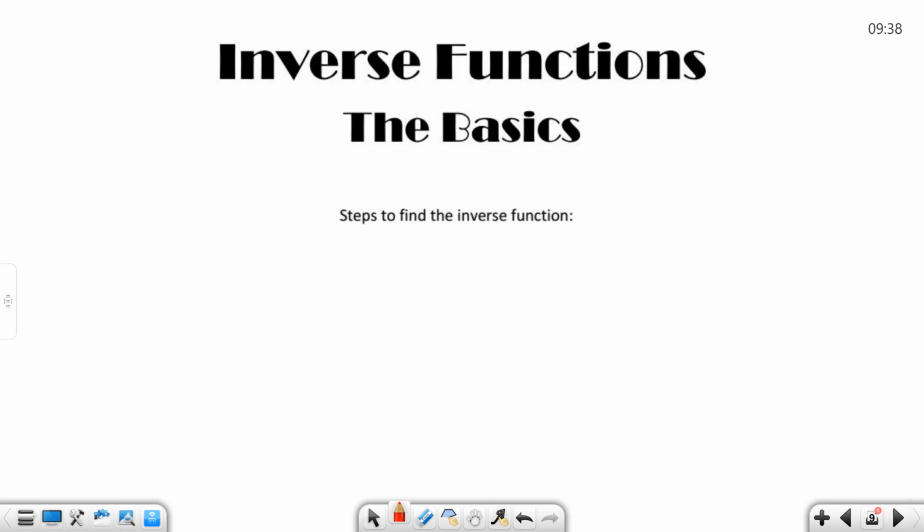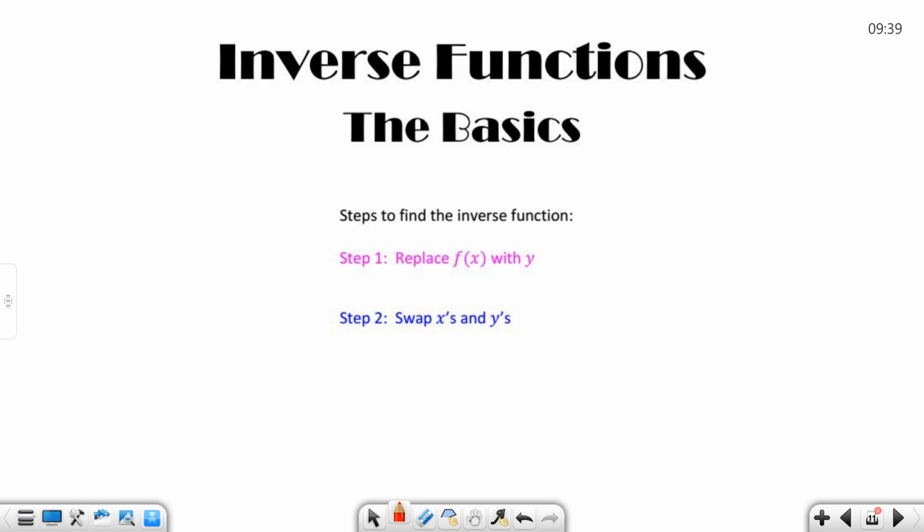So let me just talk about the steps to find the inverse function. One, we're going to replace f of x with y. So f of x and y are interchangeable. They're the same thing. So I'm just going to start by replacing f of x with y. Step 2, I'm going to swap every x and y. I didn't write the word all in there, but if I have 27 x's, I'm going to change all 27 of them to y's.